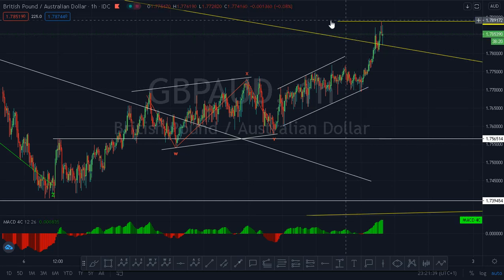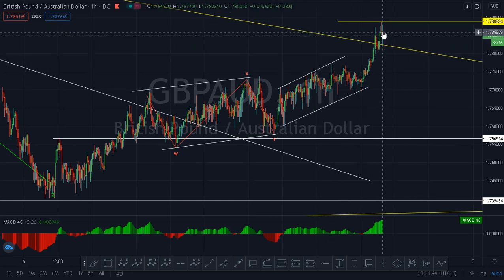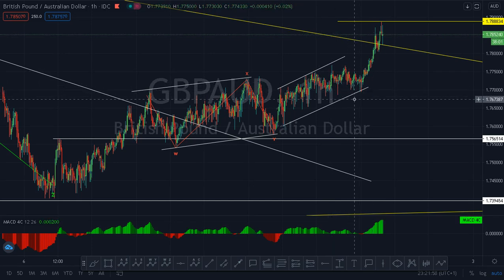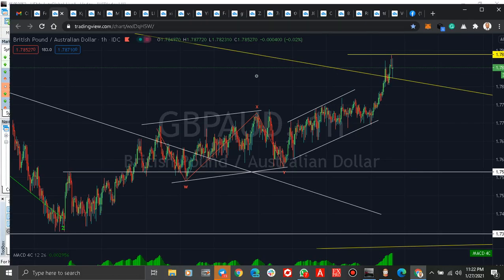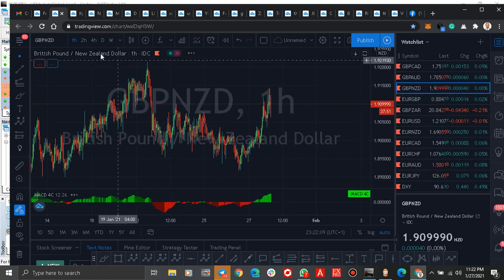So if you have a drop or A, B, C, then we can buy, because the buying is strong. I'm not looking for sell on this pair. In other pound pairs, I'm looking for sell, but pounds AUD, nowhere. I don't have a reason to sell any pounds AUD because of the structure I see here.